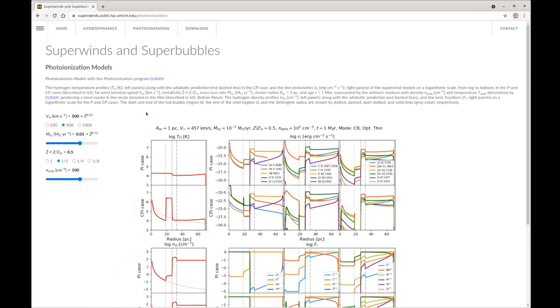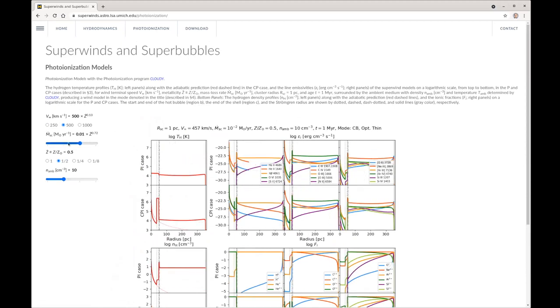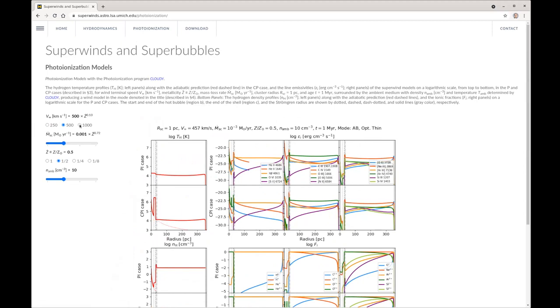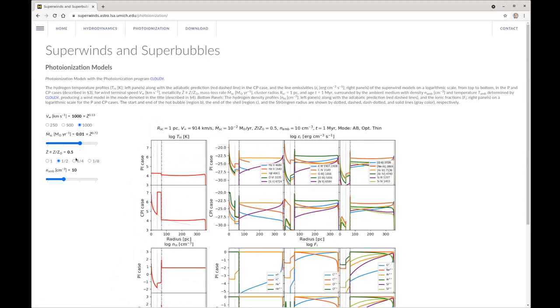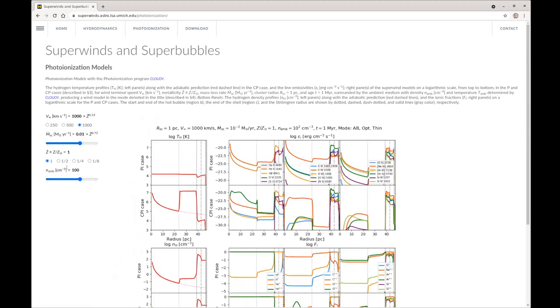Also there are results for photoionization emissivity plots. Here we see how the line for oxygen 6 or O3 forms, how it depends on metallicity, ambient density, also wind terminal velocities.